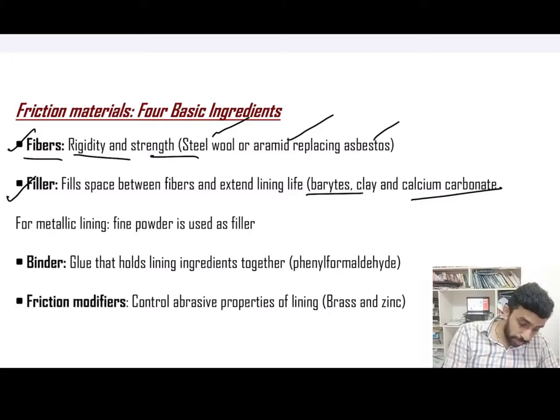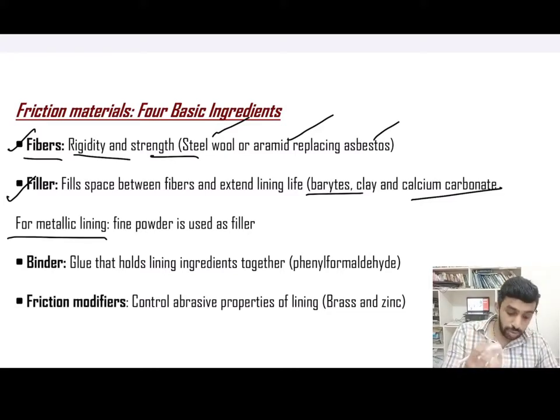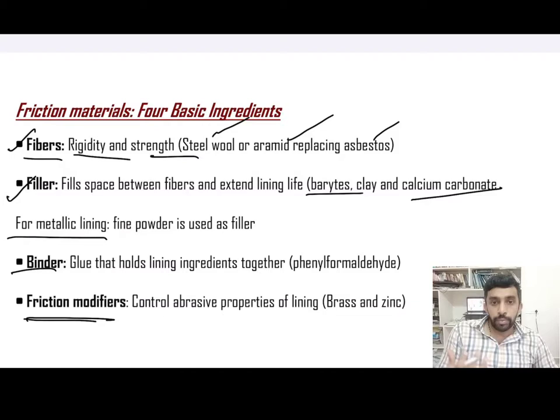For metallic lining also, some fine powders are used as fillers. For binding we use glues. High bonding strength glues are used, such as phenol formaldehyde, etc., for binding all these fibers, fillers, etc. And finally, along with that we add some friction modifiers, because our fundamental aim is to enhance the friction, a higher coefficient of friction.